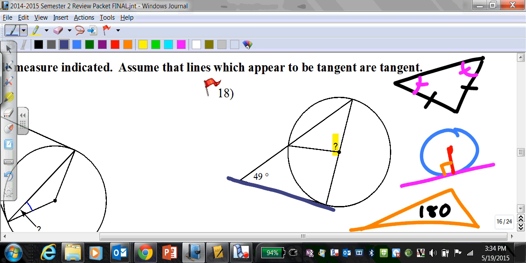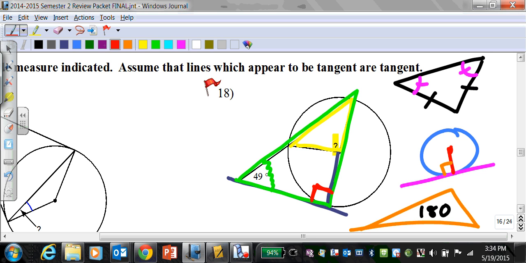We have a tangent, and that's a radius. So tangent to a radius, right angle at the edge. Next thing you want to look at is exactly how many triangles do you see here? You see one there, but let's not overlook the larger triangles. Because if you look at that larger triangle, now you can start getting stuff. This is 49.